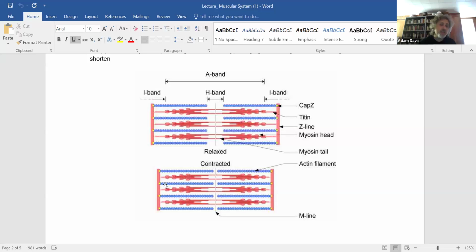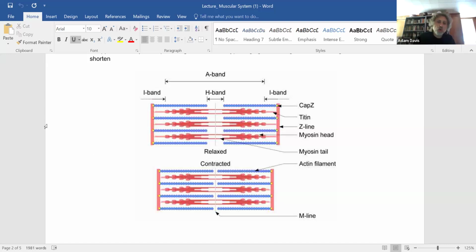The I bands have disappeared as well, because now the thick filaments and the thin filaments completely overlap. So basically, both of those zones, the H band with only thick filaments and the I band with only thin filaments, have disappeared as the filaments have slid over each other. And now we have a shorter sarcomere in which the thick and thin filaments completely overlap.